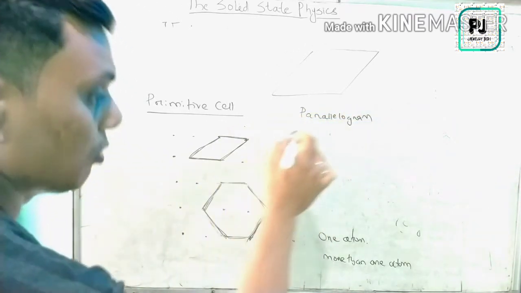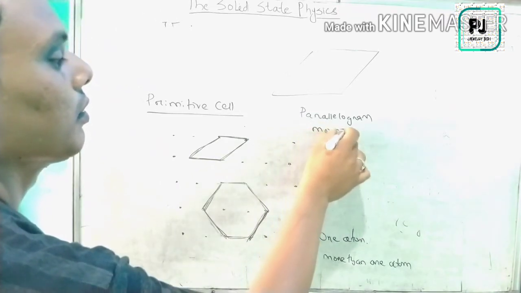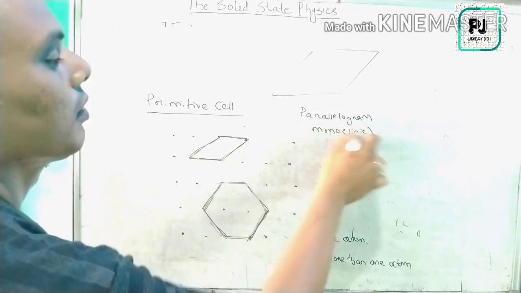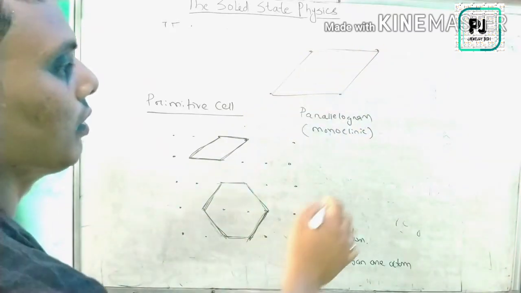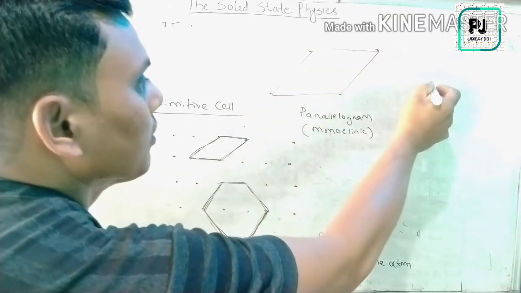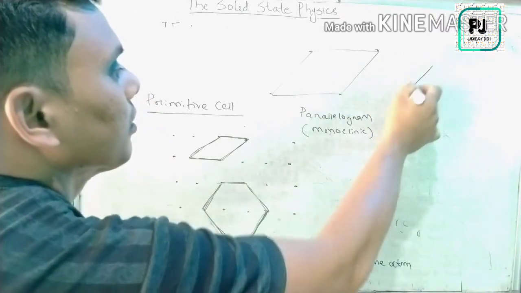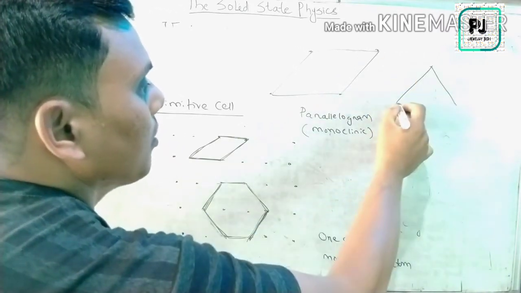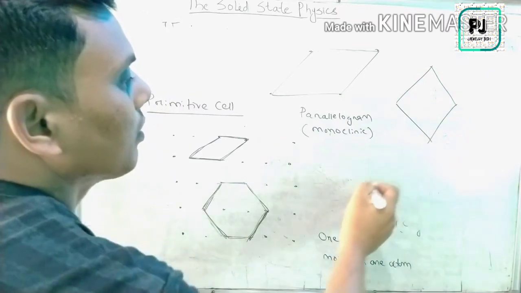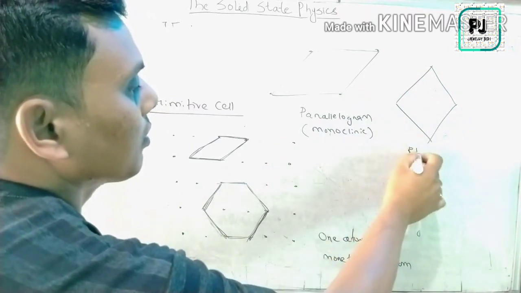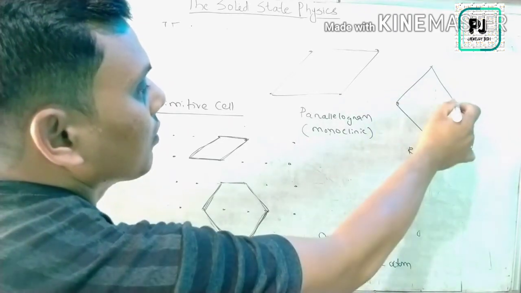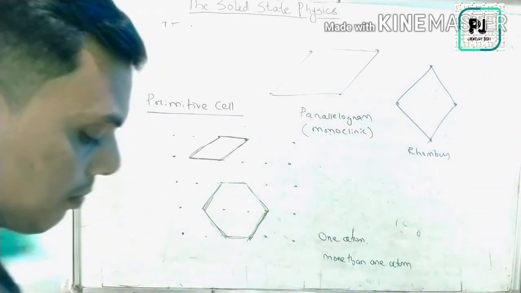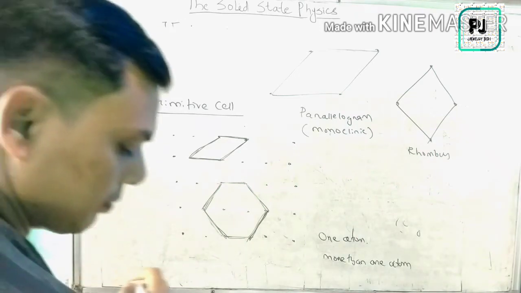This is called your monoclinic. Then another is the rhombus shape. This is the rhombus. This is called your orthorhombic.